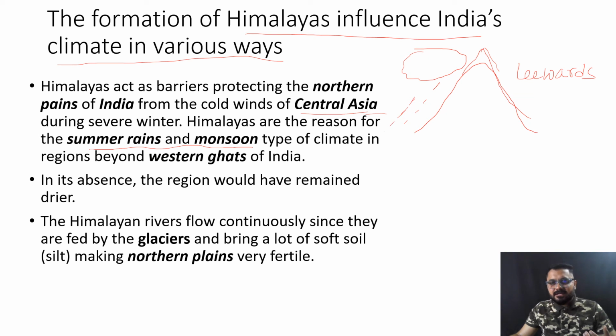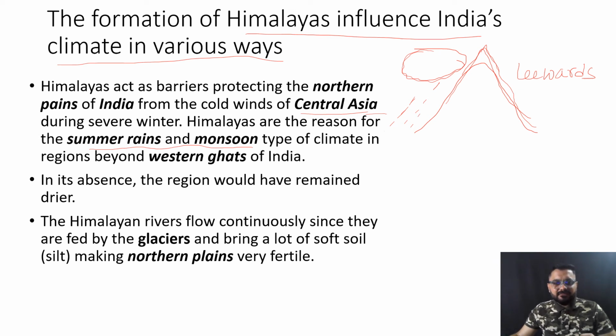Okay, so this is how Himalayas benefit India. Otherwise, these clouds would have passed that side, and our country would have faced drought conditions. But here, since the height of Himalayas is so huge, it prevents the clouds from going to that side, and that is how it starts raining in our northern part of India.